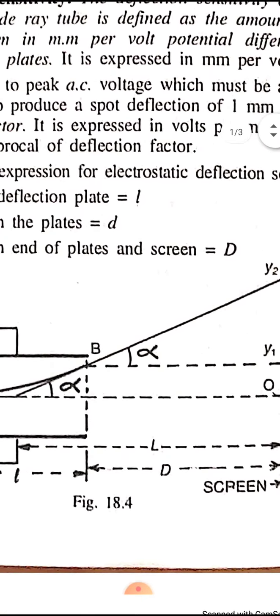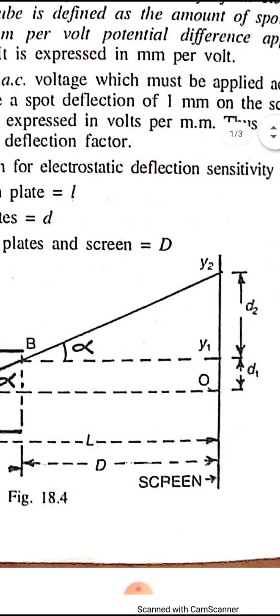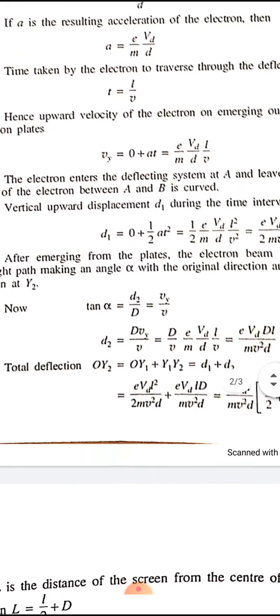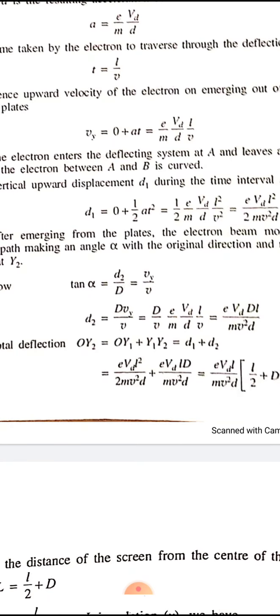Therefore, from this diagram, tan alpha is equal to d2 by capital D is equal to vy by v. Hence, d2 is equal to D vy by v. Now just substitute the value of vy. The equation for d2 is equal to e Ed D l upon m v square d.